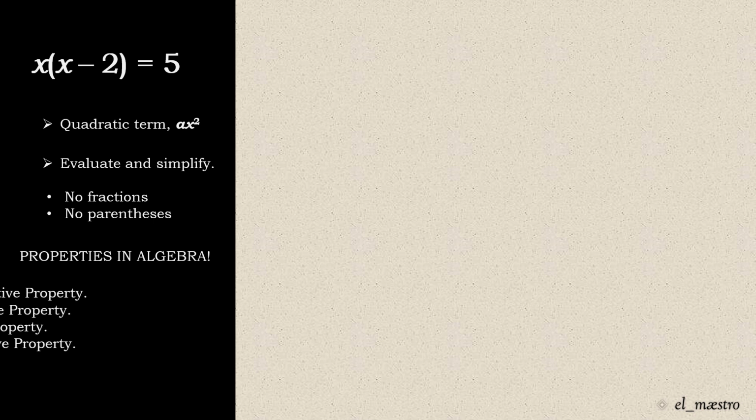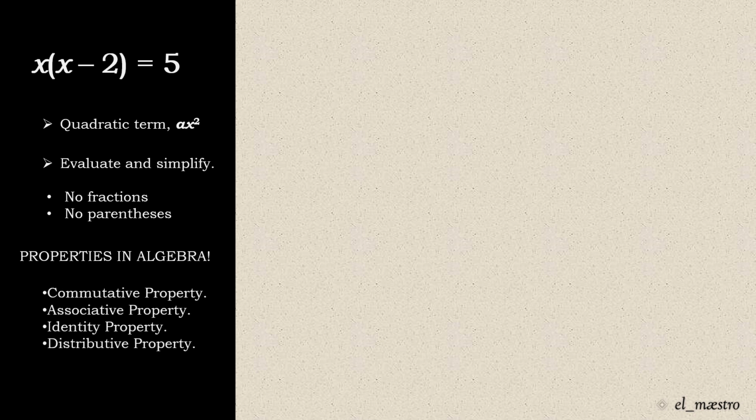Okay, the commutative property, associative property, identity property, distributive property, all those properties you learned previously, we need them in expounding or expanding or evaluating and simplifying equations. First thing is, since it is multiplication, we will use the distributive property. Okay, let's go.